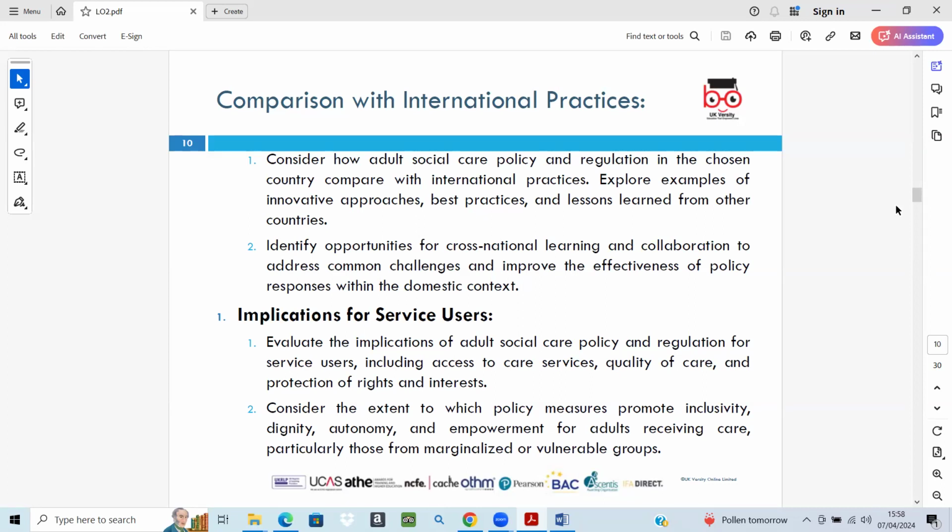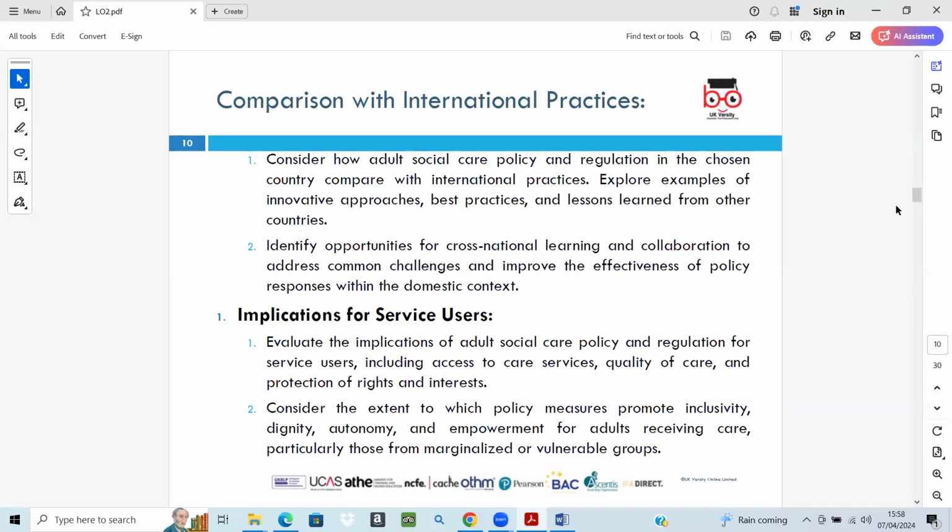And we always look for innovative approaches, and we need to look for examples from countries known for their adult social care models. For example, the Netherlands has a well-regarded system that emphasizes home-based care and community support. So mostly they do home-based support and community support in the Netherlands. And we need to identify best practices from around the world, such as the use of technology in care delivery, like in Japan, or the integrated care model in Sweden.